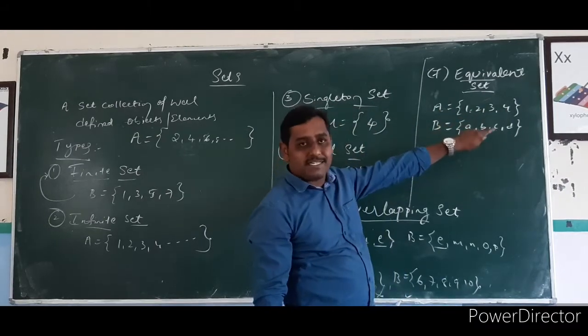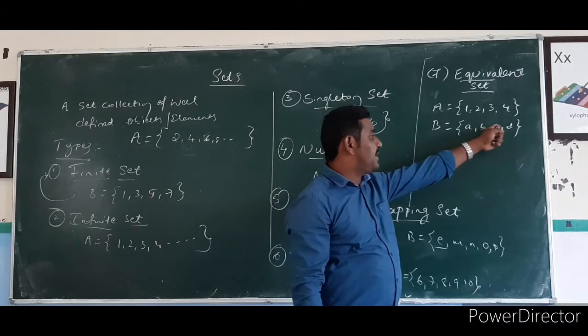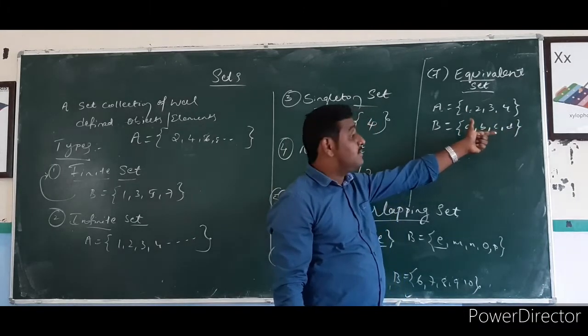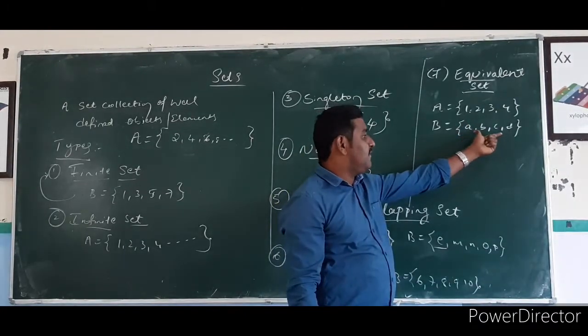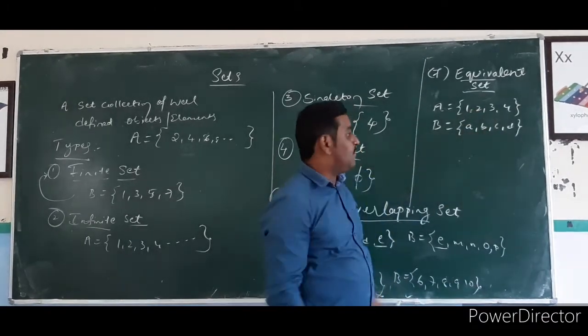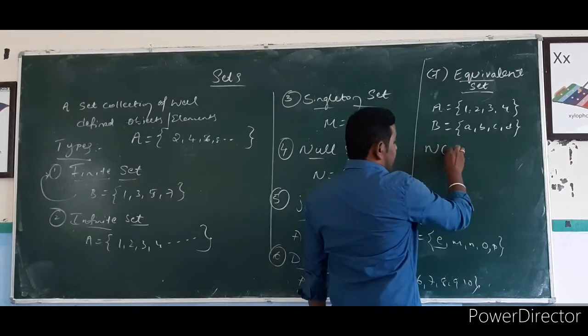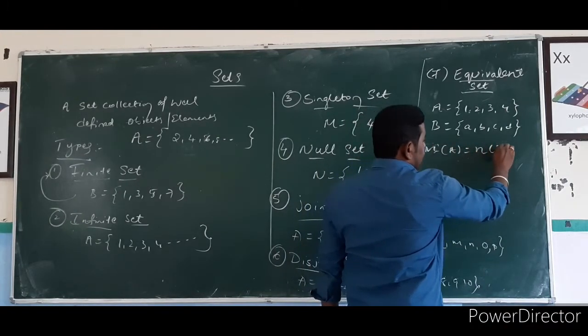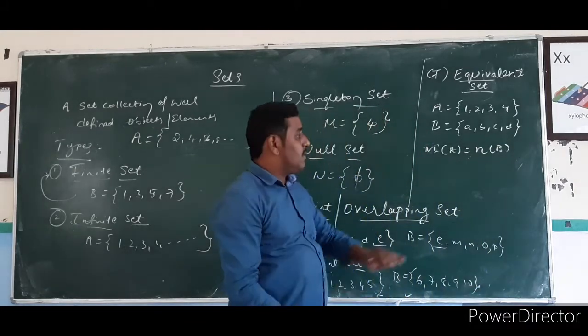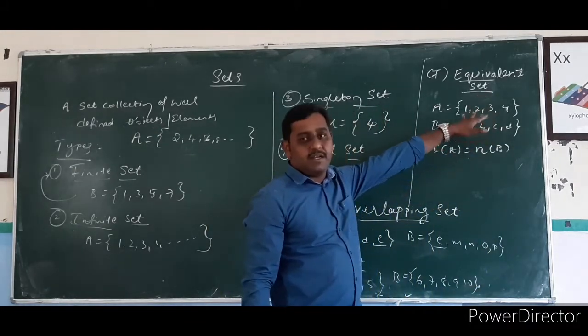Count the number of elements in set B: 1, 2, 3, 4. We are counting the number of elements, not which elements are there. Here the number of elements is 4, and here also 4. Then n(A) equal to n(B) means both numbers of elements are the same.